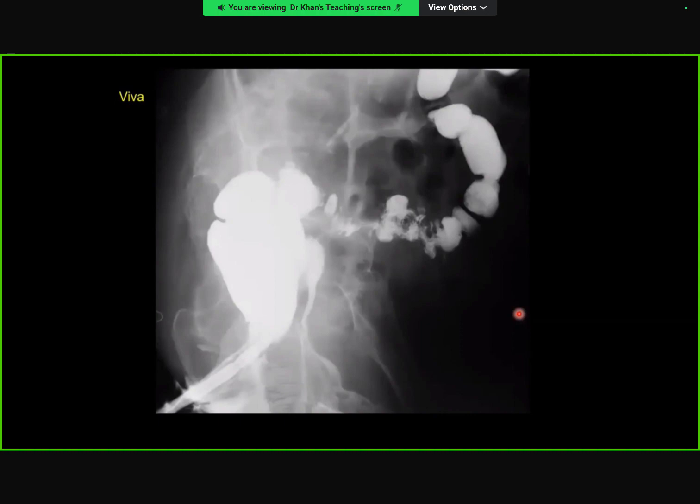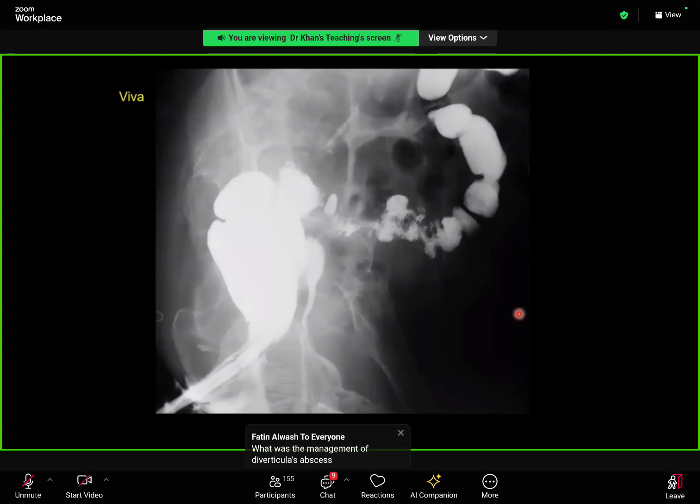I cannot see any leakage of contrast around. I cannot see any polyps or diverticula in the region. Appearances are quite suggestive of a stricture.